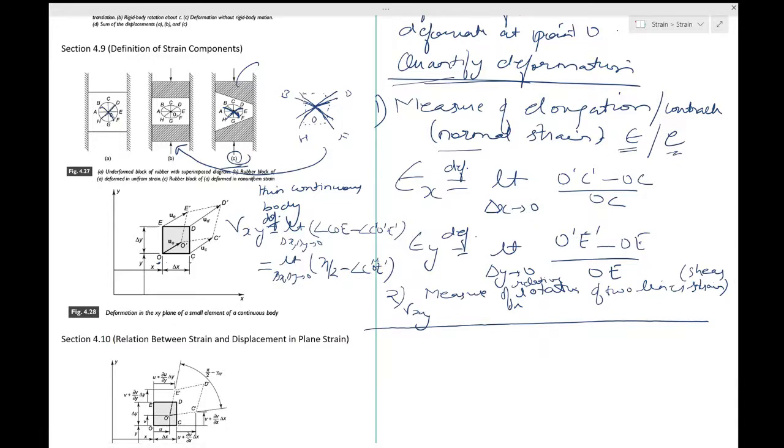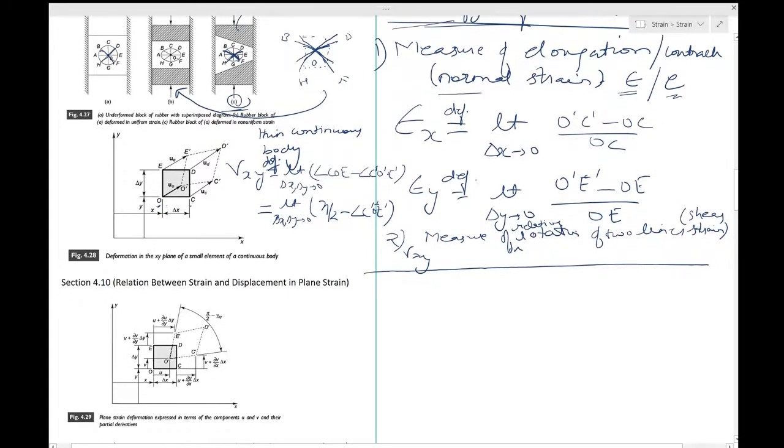The next step is how to actually relate the strain and the displacements in a plane strain condition. Plane strain is what we are using over here to stick to two dimensionality.